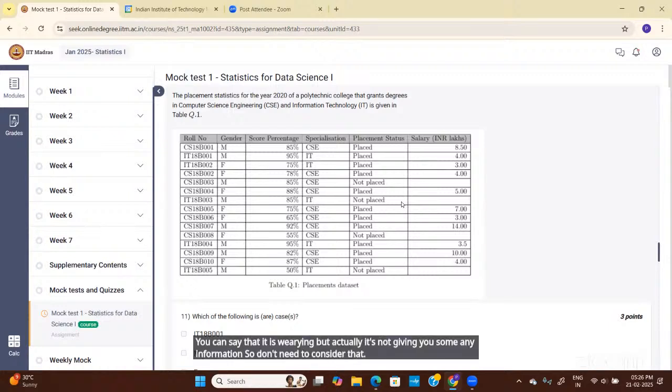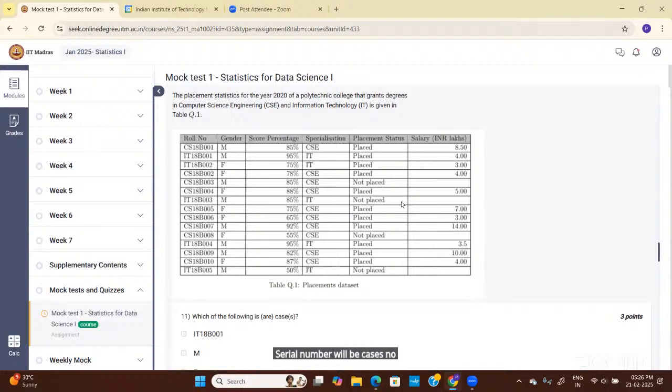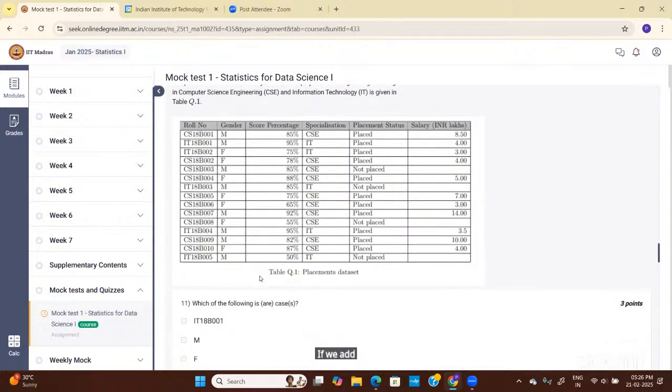Serial number will be cases, no? Again, you are getting confused. No, if we add serial numbers, they will not be considered cases. Why are you adding serial numbers? This person was just asking about serial number.